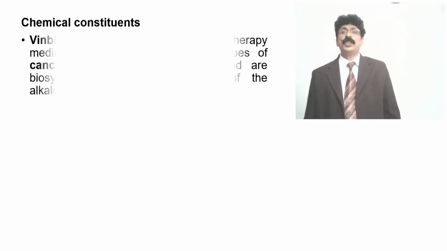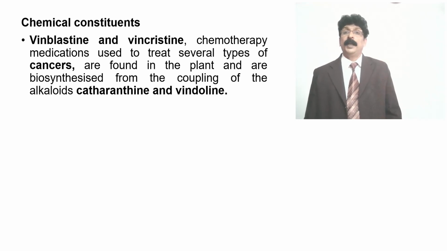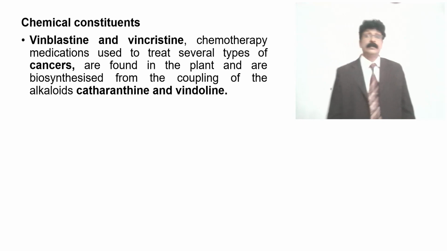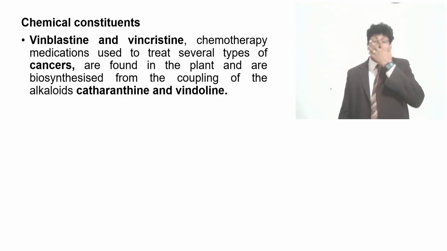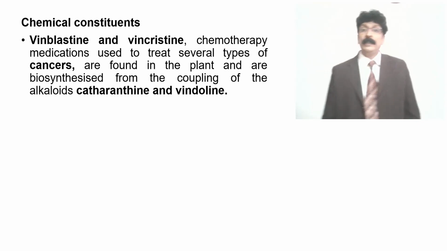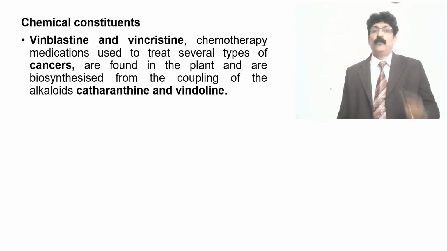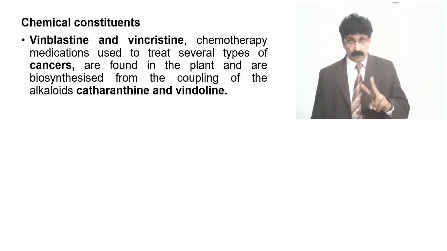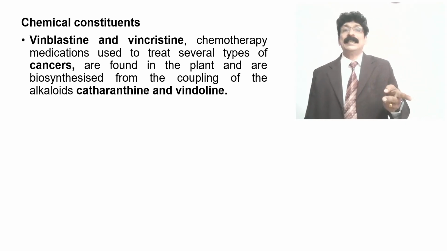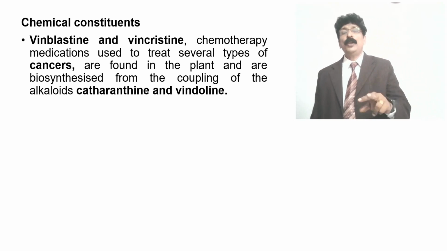Chemical constituents: vinblastine and vincristine. These chemotherapy medications, anti-cancer, used in the treatment of several types of cancer, are found in the plant and are biosynthesized from the coupling of the alkaloids catharanthine and vindoline. So catharanthine and vindoline together form vincristine and vinblastine.